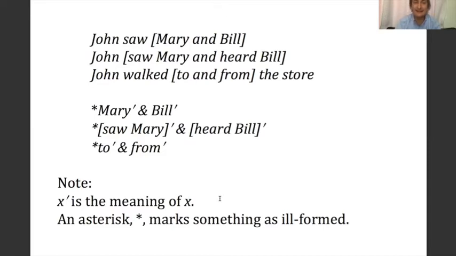And it can't connect the meaning of "to" with the meaning of "from." The asterisk, that kind of star at the beginning, is used to show that these are all ill-formed, things you can't do in logic. So we have an analysis, and it makes a wrong prediction. It predicts that these things should all be bad in English, because if English and is logical and, then it shouldn't be able to connect two names, Mary and Bill.